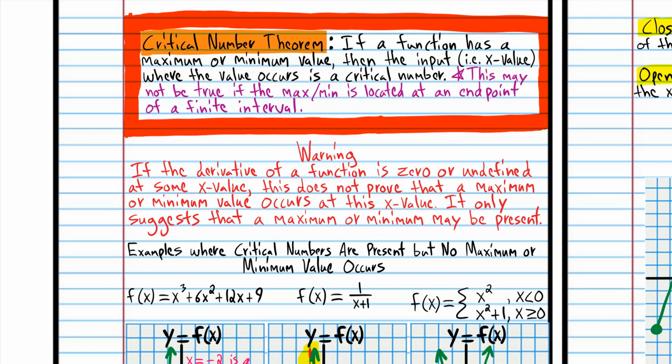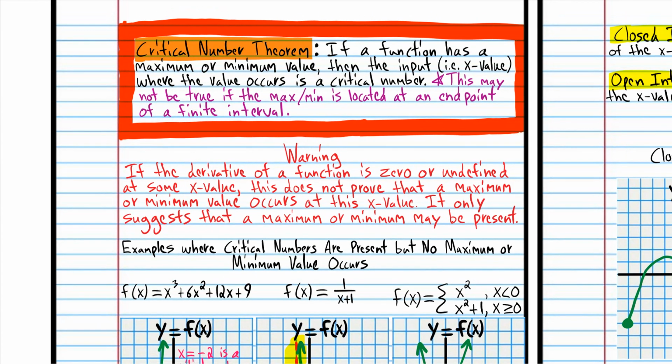It's like saying, if you're trying to look for a fish, let's say you want to catch a fish, you know that the fish are going to be where there's water. Wherever there's water, there might be a fish. But just because there's water doesn't mean that you know for sure that there's going to be a fish. Well, that's kind of what this is saying.